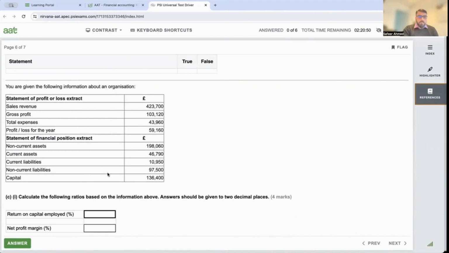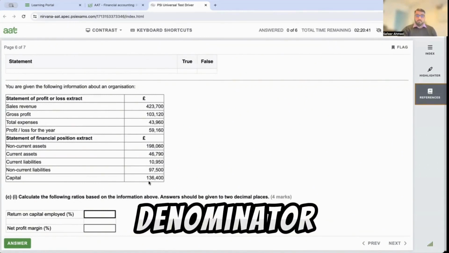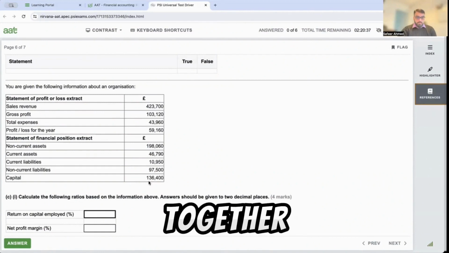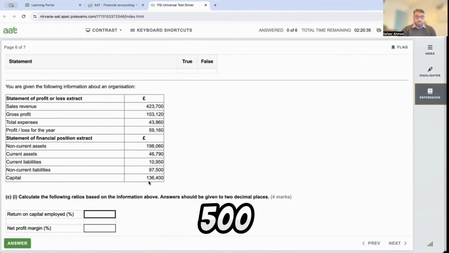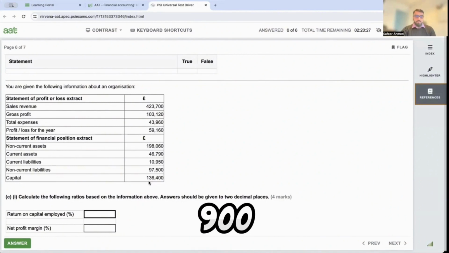So what I suggest you do first of all is add non-current liabilities and capital together, so you have the denominator figure. If we add those two together, 97,500 plus 136,400, which gives you 233,900. So that will be the denominator, 233,900.